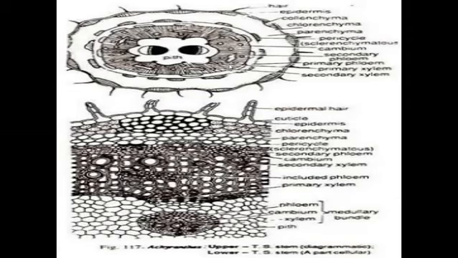Between the vascular bundles, medullary rays are present. The medullary rays mainly help in the formation of cambium during secondary growth. At the center region, parenchymatous medulla is present. Up to here, it is the normal or primary structure of the Achyranthes shoot.